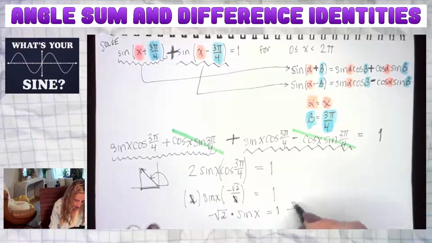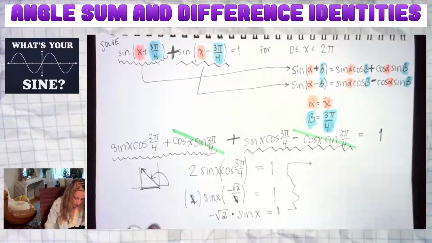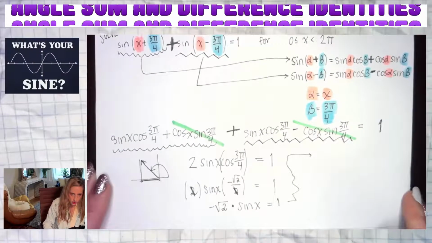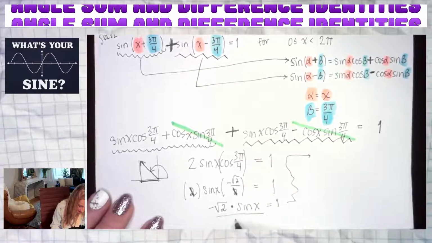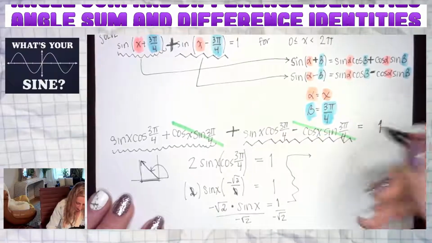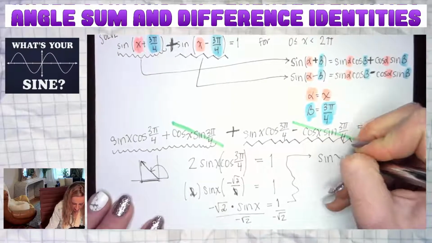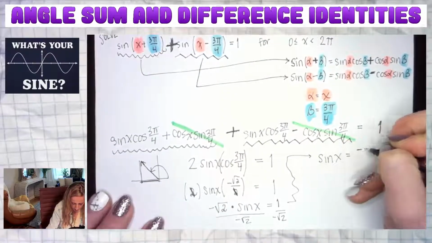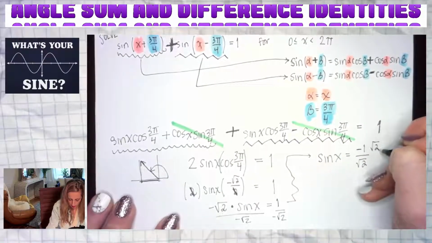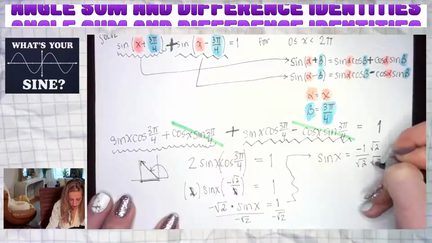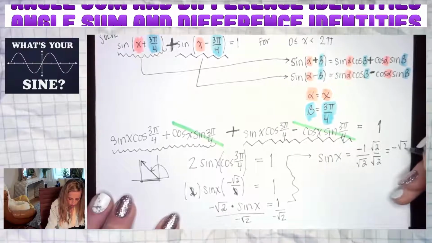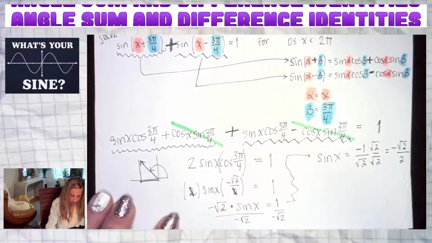From there, I'm going to divide both sides by negative root 2. That leaves me with sine x equals, I always move my negatives to the numerator, so negative 1 over root 2. However, I'm going to rationalize and show my work. Maybe you could just do it in your head. That would be negative root 2 over 2.